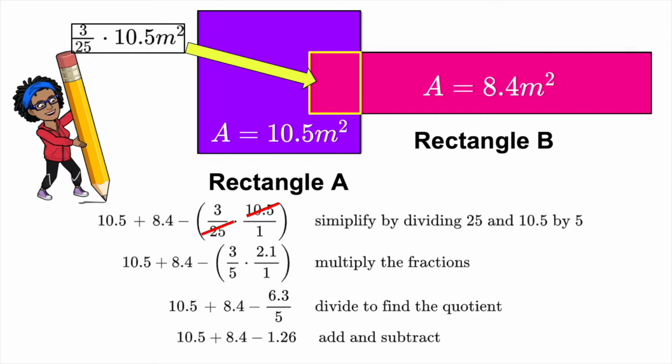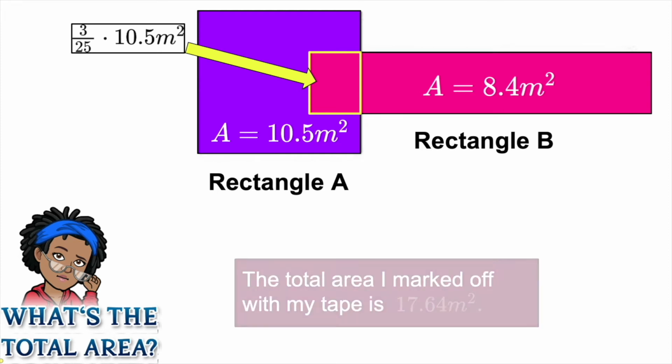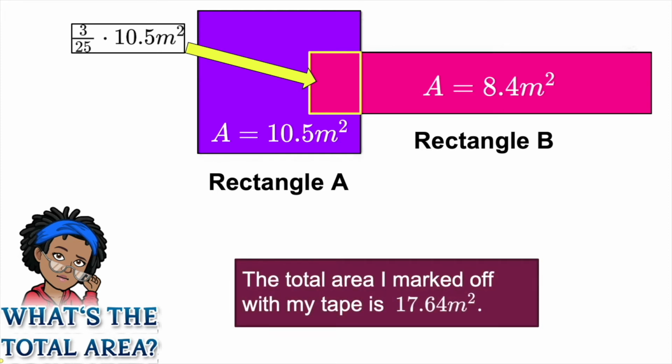I'm going to add 10½ plus 8 4/10 minus 1 26/100. So what's the total area? The total area I marked off with my tape is 17 6400 square meters.